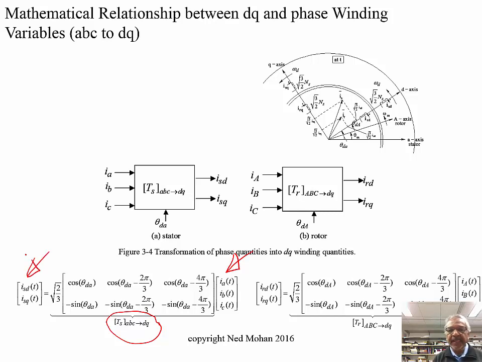The same thing we can do for the rotor D and Q windings, given the rotor currents I capital A, capital B, and capital C, but this time the angle is not theta dA. Rather, in the rotor case, it's theta D, the D axis with respect to the rotor A axis here. That's something we have to keep in mind. Otherwise, the two matrices are the same.